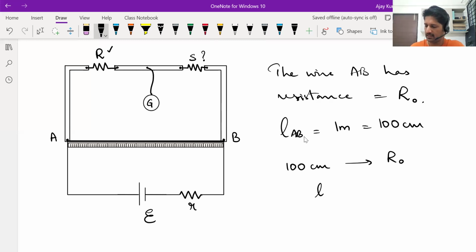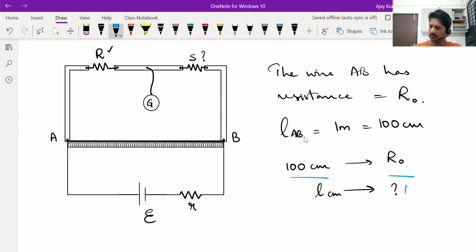Then for a length L, how much will be the resistance? Can any of you tell? I said it's a uniform wire, so resistance is proportional to length. So for 100 centimeters, if the resistance is R0, for L centimeters, how much will the resistance be? Simple proportionality, so you can divide. You'll get 100 by L is equal to R0 by some resistance.